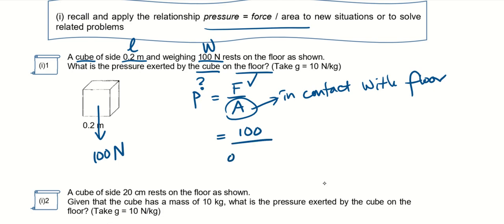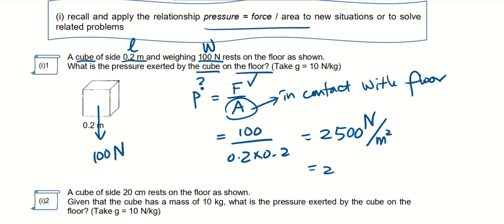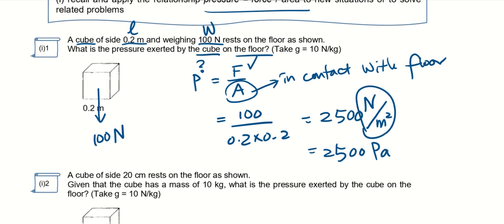Area is actually length times length, so 0.2 times 0.2, and then we get this value. The answer will be 2,500. Because it's in Newton per meter square, we can leave it as 2,500 Pascal, because Newton per meter square is also Pascal, right?